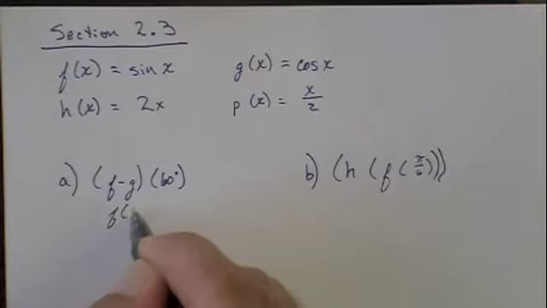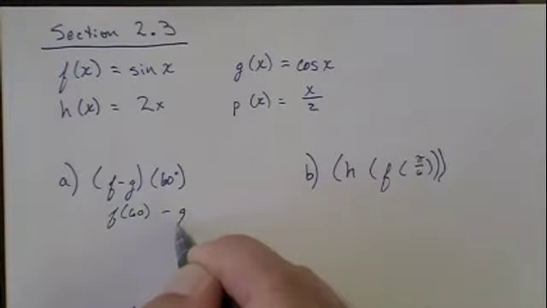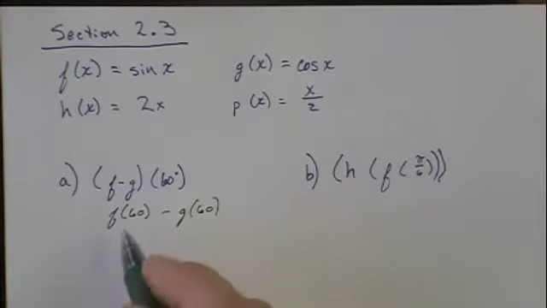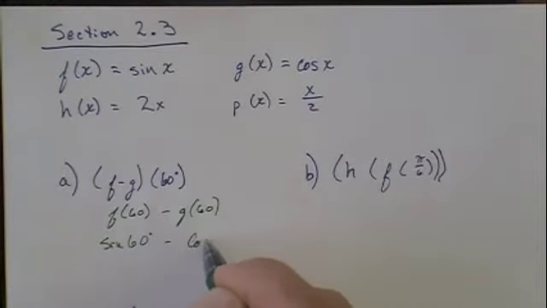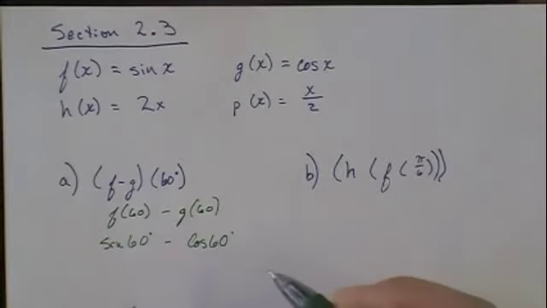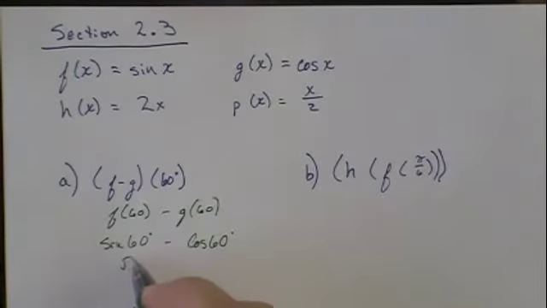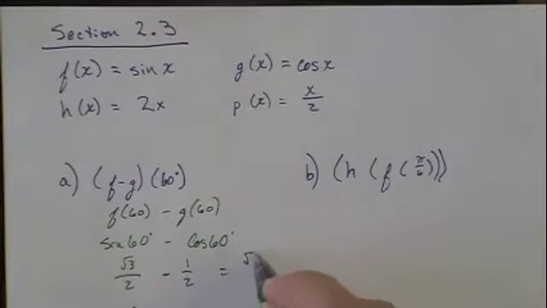So if I think of f of 60 minus g of 60, that's going to be the sine of 60 degrees minus the cosine of 60 degrees. Again, using our unit circle, we know sine of 60 is square root of 3 over 2, and the cosine of 60 is 1/2. So our exact answer is square root of 3 minus 1, all over 2.